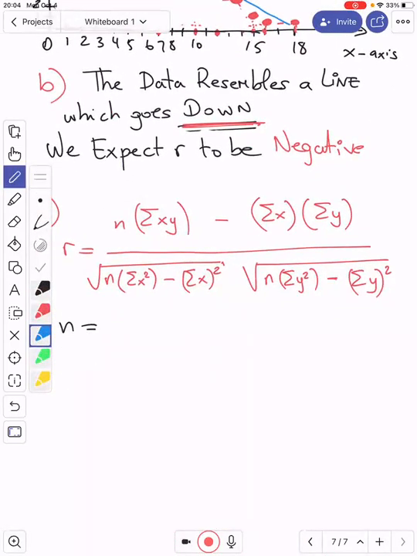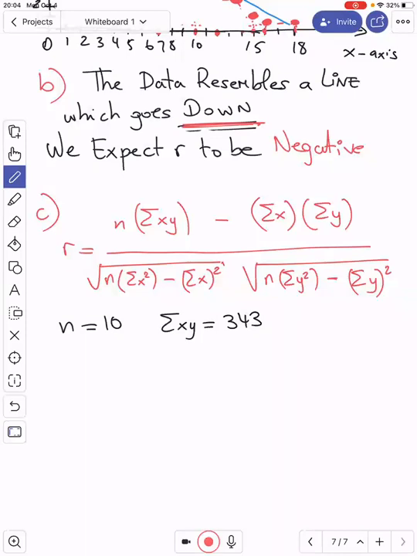The sum of X times Y is 343. The sum of the X's is 103.